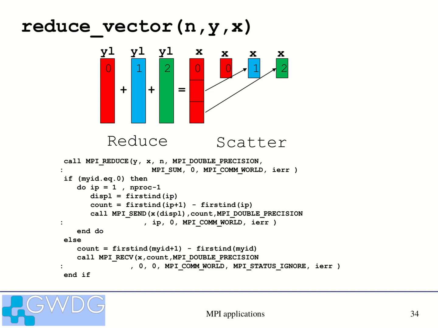I would keep just the first part on process 0 because it belongs there. The second part I would send to process 1, the third part to process 2, and so on. That would be one way to collect all the partial results into a total result, and then to go to the next iteration, because then I have the full result in the local part.